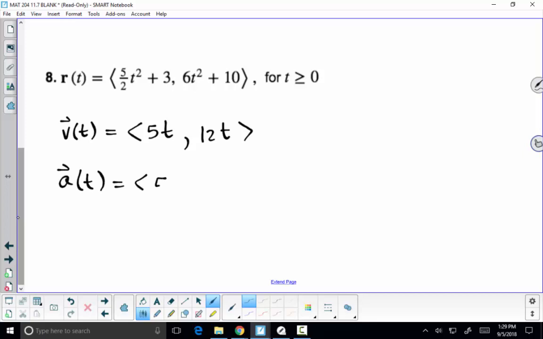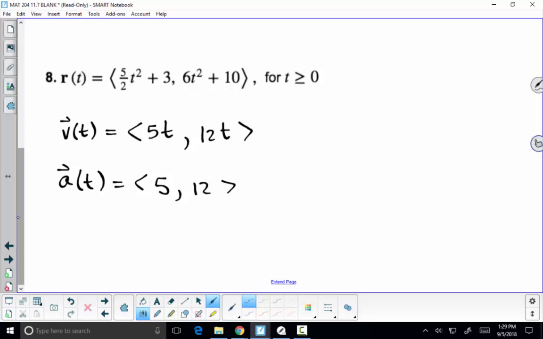We see that we have constant acceleration. If you have constants in both components, that's how you know. It does not depend on t, so if you drew your curve, the acceleration vector would be the same vector everywhere, not changing as t moves from 0 to infinity.